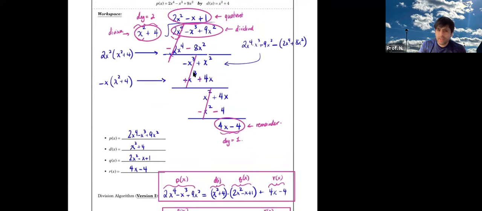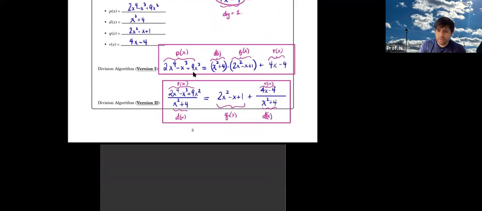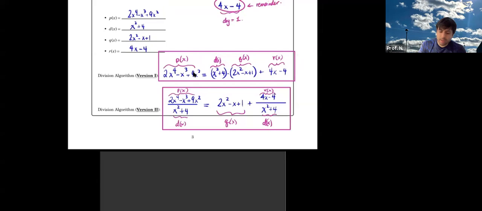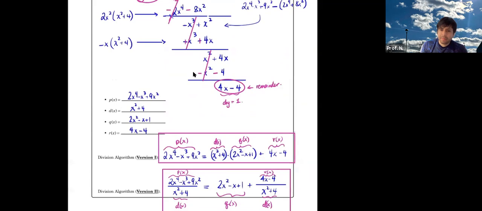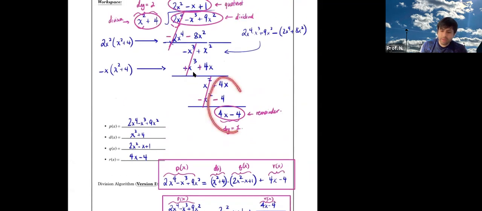And the divisor here is x squared plus 4, so that's why this portion here is x squared plus 4. Is that what you're referring to, Judy? The remainder here is 4x minus 4. Are you talking about this portion right here?